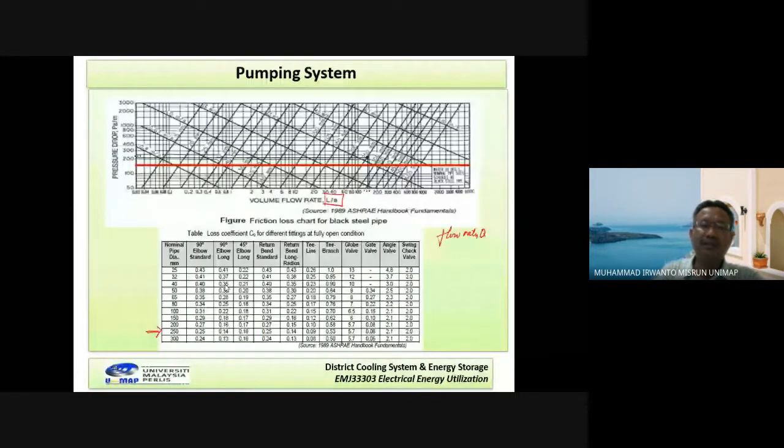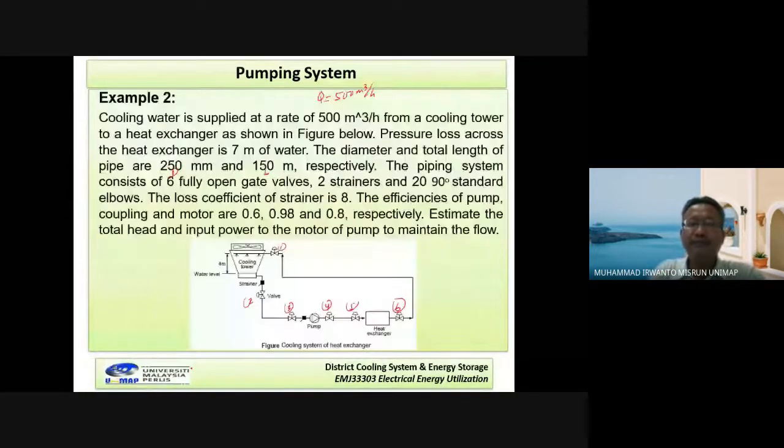This one is the value for the coefficient. For example, the loss coefficient of the strainer is given. The efficiencies of pump, coupling, and motor are 0.6, 0.98, and 0.8 respectively.